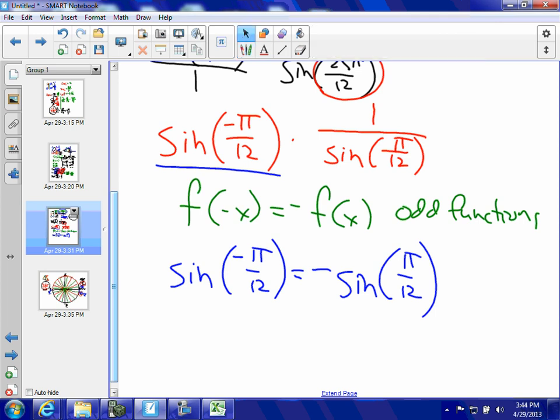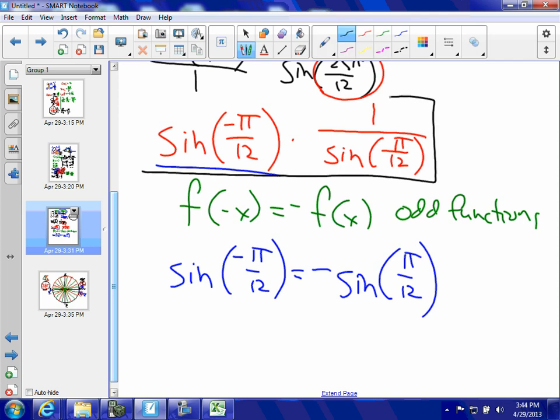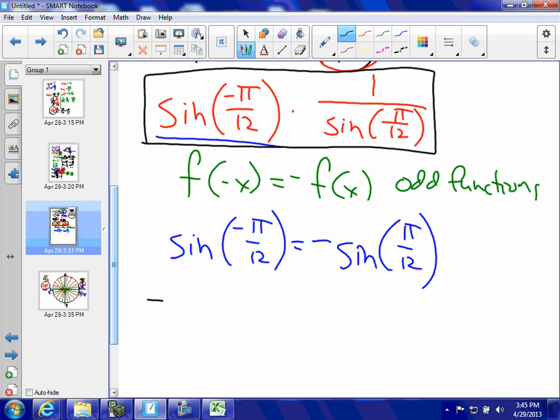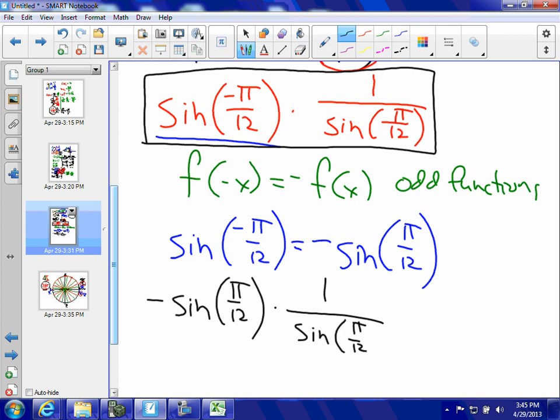Well, if that's the case, let's rewrite my expression as negative sine pi over 12 times 1 over sine pi over 12. Let's make this over 1.